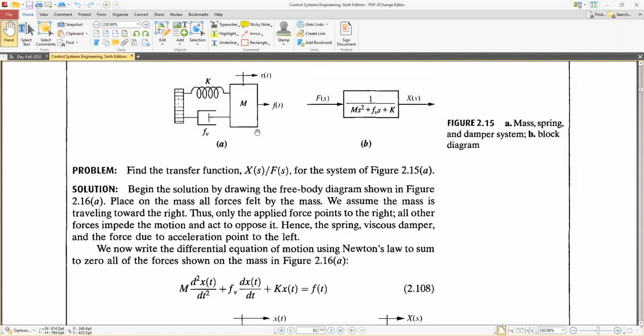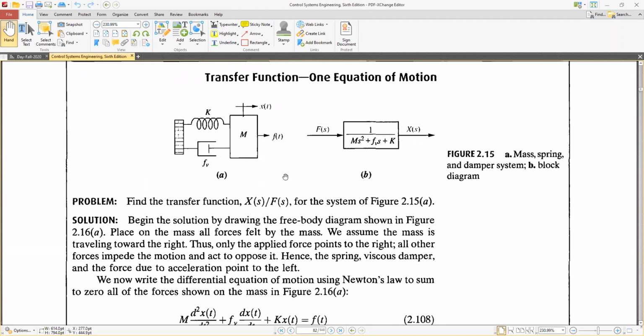Now look here. Try to understand from this equation and this figure. F(t) means the force here. We are pulling this along this direction.